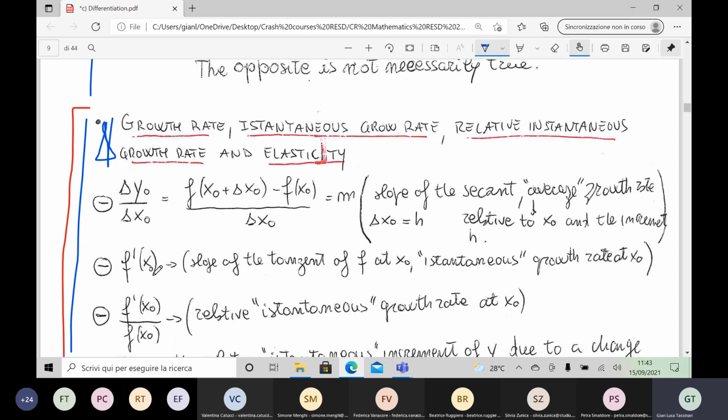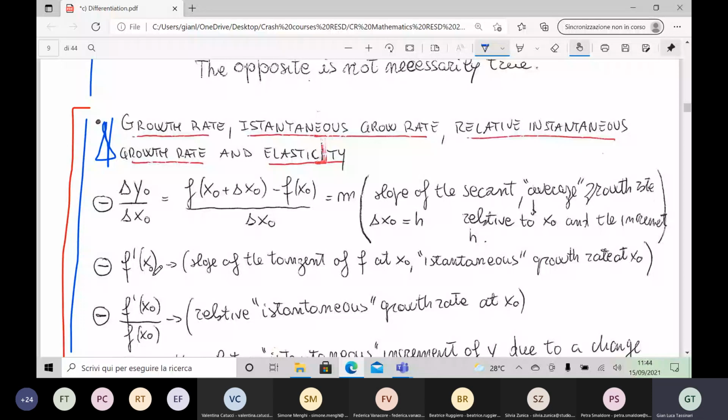That is, it is the estimated increment in the value of the function as x passes from x0 to x0 plus 1. So it's the estimated increment in the value of the function for 1 unit of increment of x starting from x0, increment measured along the tangent line to the graph of your function at x0.